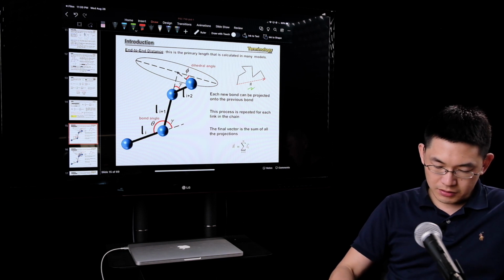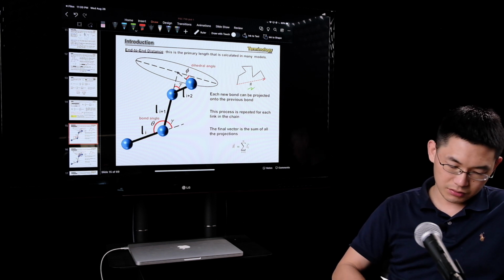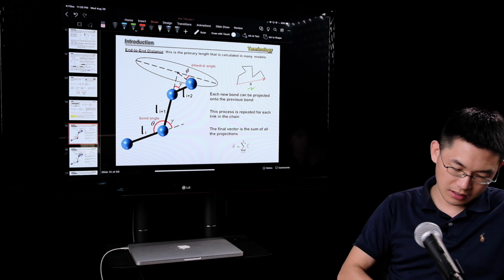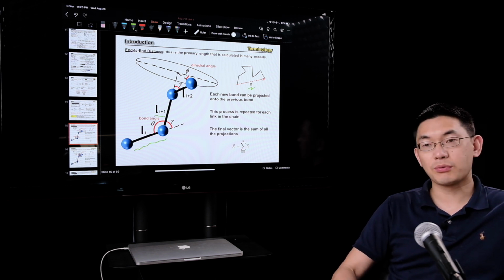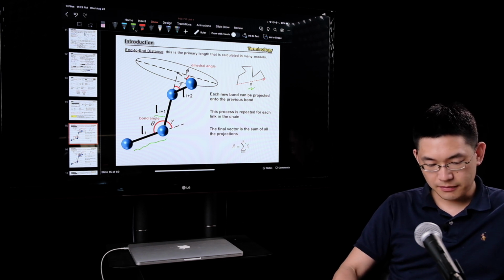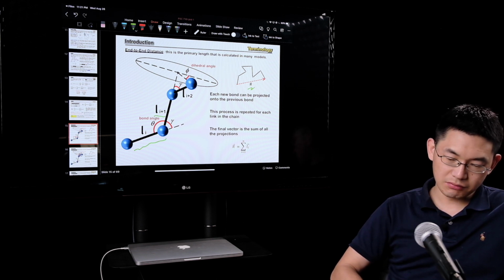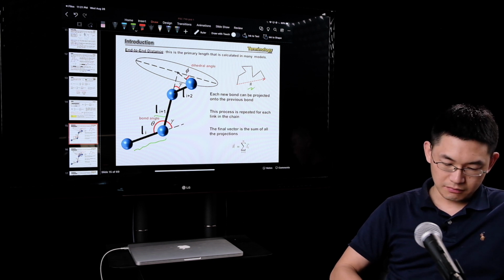So one concept we want to discuss is the concept of projection. If you have a bond going into one direction as shown in this L_i bond, the next bond will be L_(i+1), the bond sitting next to it. And if you know the bond angle, you can calculate how much degree of persistence it has, meaning this bond will follow in the same direction as the previous one.